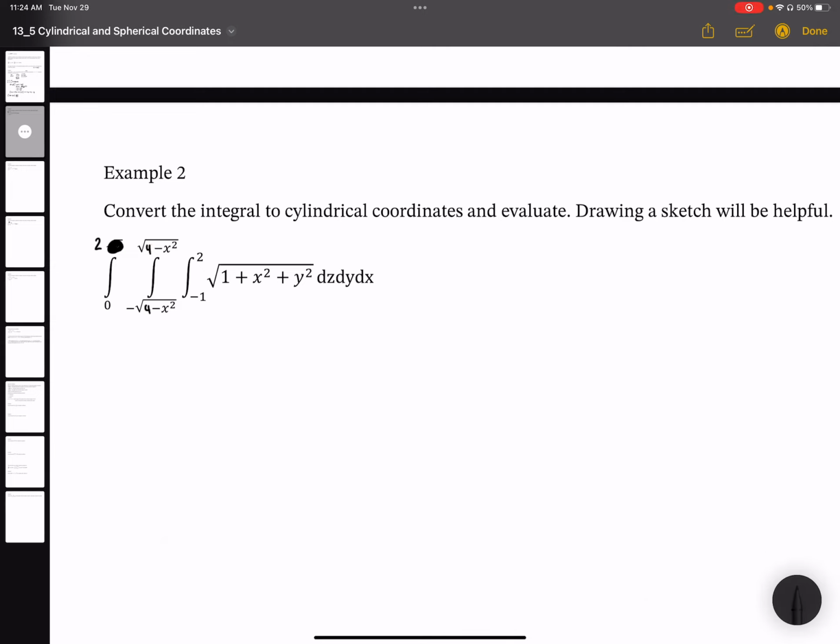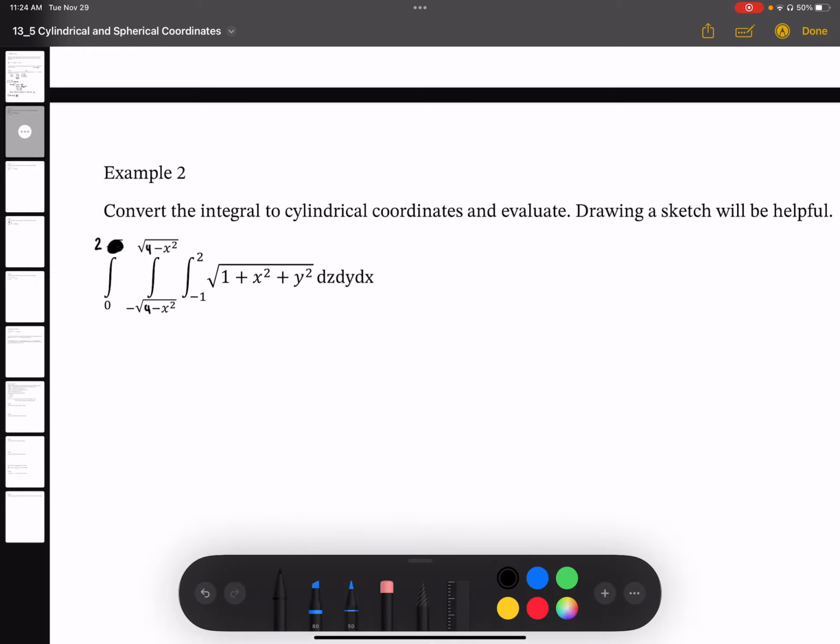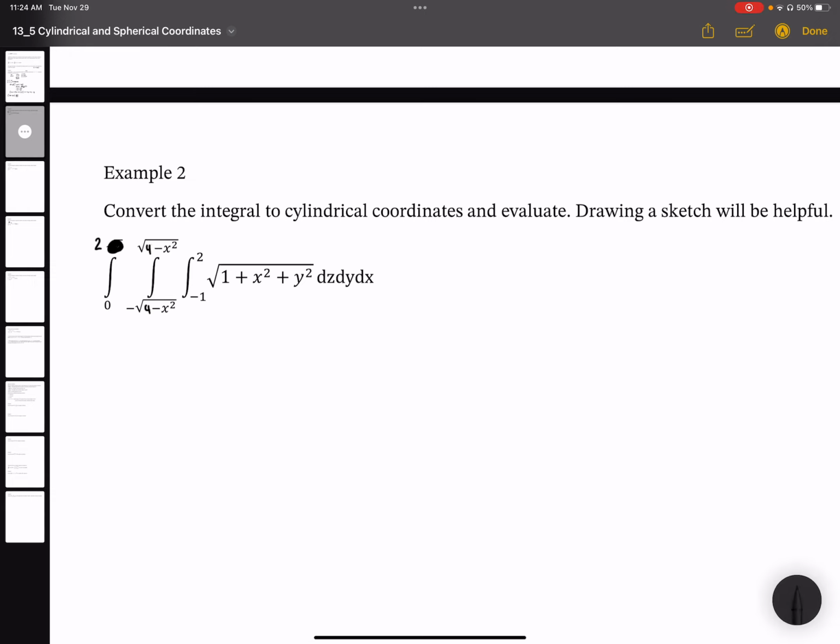When you're coming up with your regions for integration, it's going to be helpful that you can draw this region freehand. So let's see what's going on. What makes the region is going to be our x's and our y's. The z is just going to be from -1 to 2. That's fine.